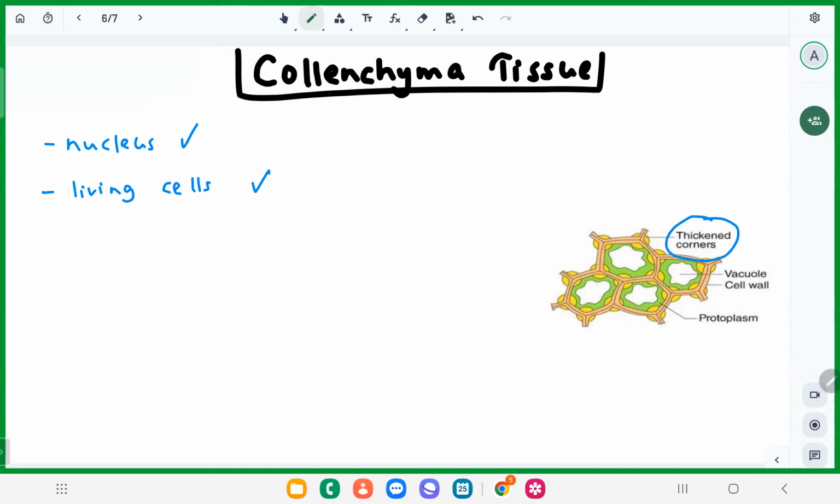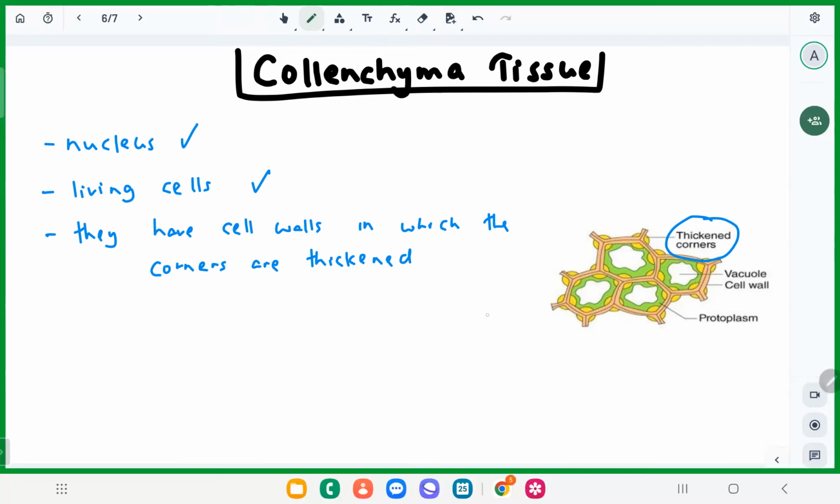Now, if you look at their cell walls, they have cell walls which are thickened. They have cell walls in which the corners are thickened. So this is the most unique feature of the collenchyma tissue and the most easy feature that helps us to identify the collenchyma tissue.